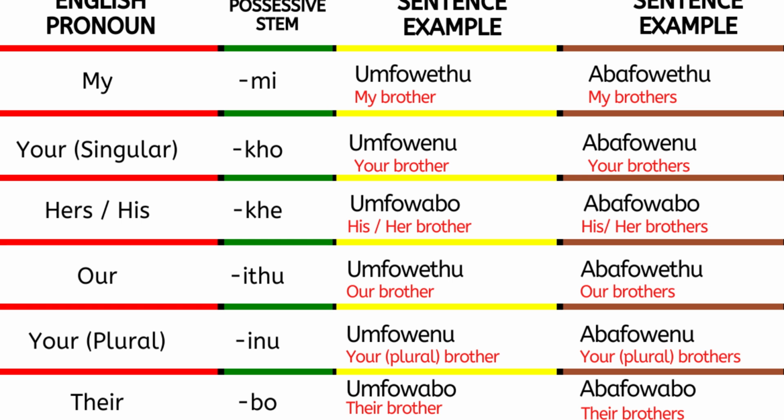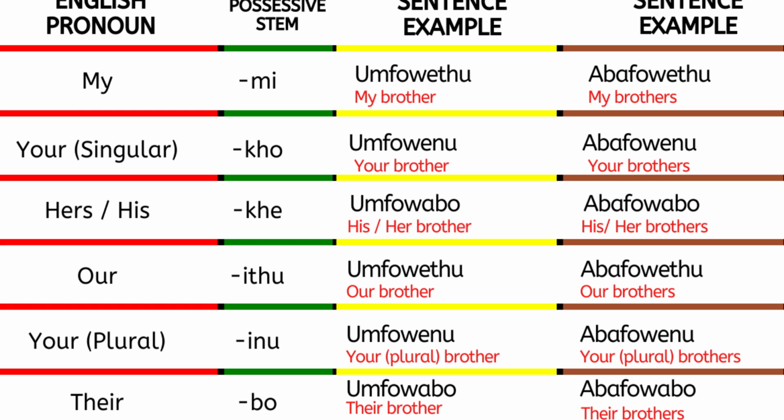Another thing I want to mention about the brother word. If you look at it, it's umfo. That mf can be pronounced as mf or m-f. Do you hear how I'm separating the M and the F?